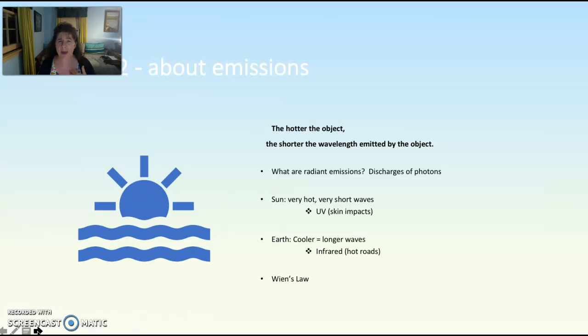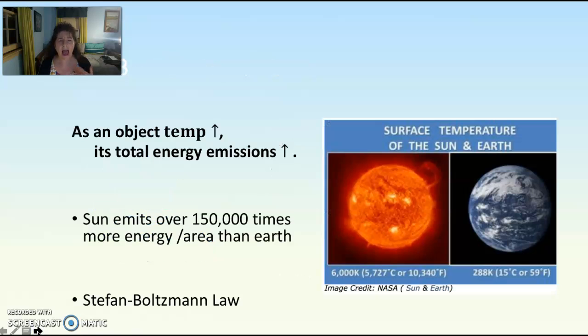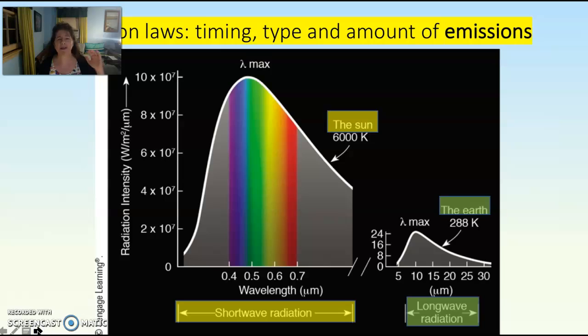We on Earth emit longer wavelengths. And then the third law about emissions is that as an object's temperature goes up, the total number of emissions goes up.